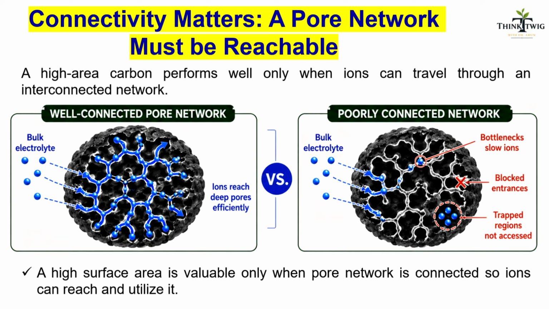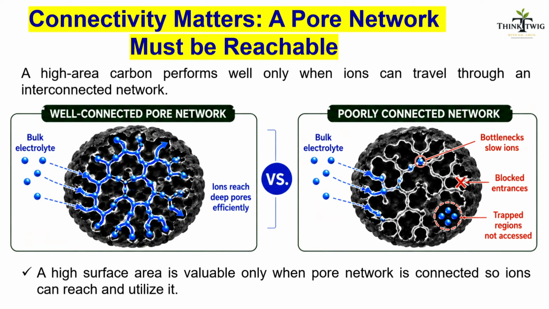A carbon can therefore have a huge internal surface area, but poor connectivity can hide much of that surface from effective electrochemical use. And this is another place where a huge BET number loses its advantage, and the effect becomes even stronger during fast charging.